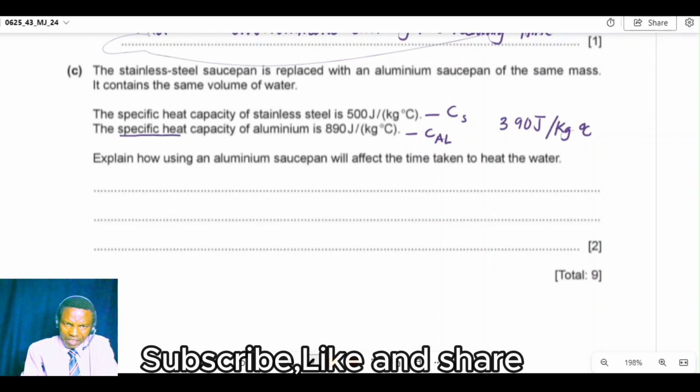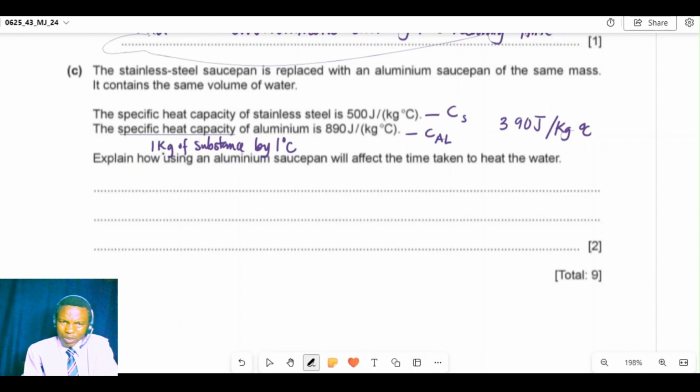Specific heat capacity is the amount of heat energy, thermal energy, required to raise the temperature of 1 kg of a substance by 1 degree Celsius.